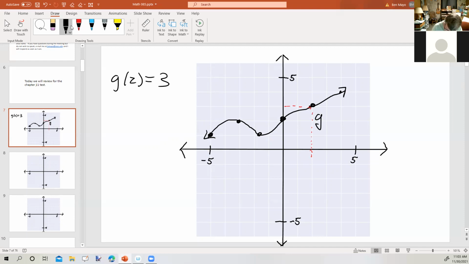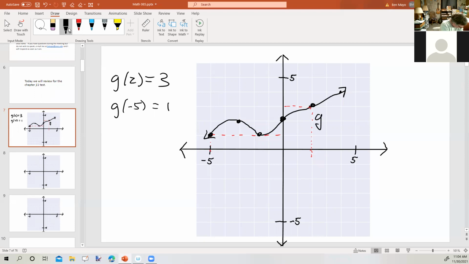How about g of -5? Well, g of -5 is +1. Okay. How about, let's see, how does it read?